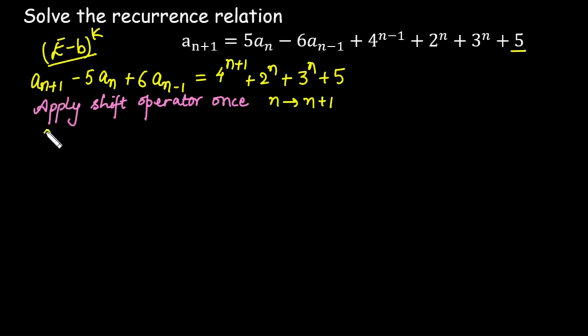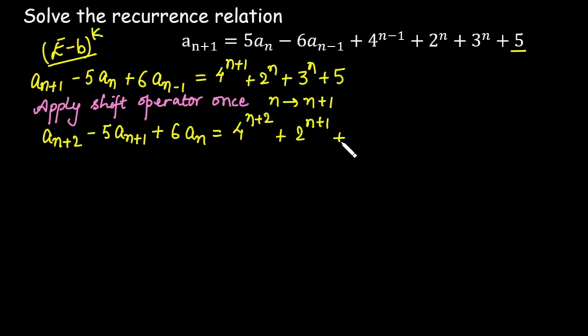So from here we will get an plus 2 minus 5 times an plus 1 plus 6 times an is equal to, also replace n here as n plus 1 plus 1, that will be n plus 2. So we have 4 raised to power n plus 2 plus 2 raised to power n plus 1 plus 3 raised to power n plus 1. Here it doesn't involve n. It means we will keep it as it is.